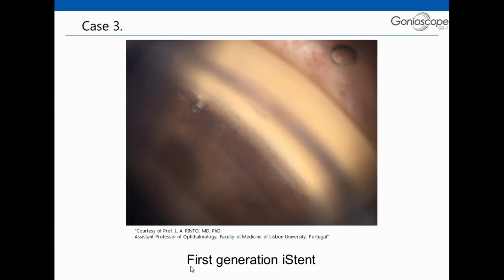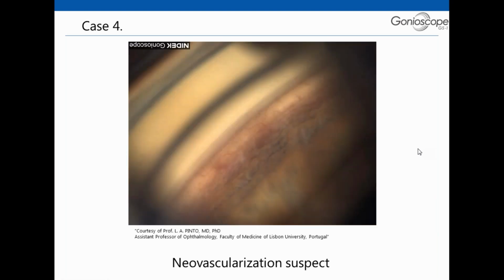And this is another case, the implantation of MIGS. In this case it is iStent. Because we capture 17 different focuses for each area, it is possible to focus directly on the iStent. And here's another case of suspected neovascularization.